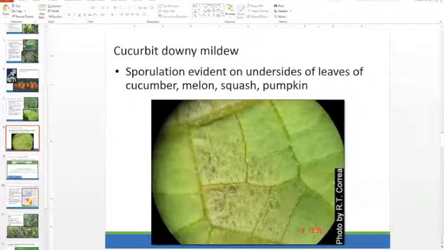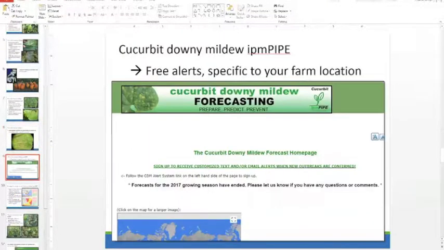And so again, that's a picture through roughly a hand lens of what the sporulation from downy mildew looks like. Again, that occurs on the undersides of the leaves of cucumber, watermelon, muskmelon, summer and winter squash, as well as pumpkin. And that kind of shifts me over to the other thrust of my presentation, and that's to talk about monitoring resources.